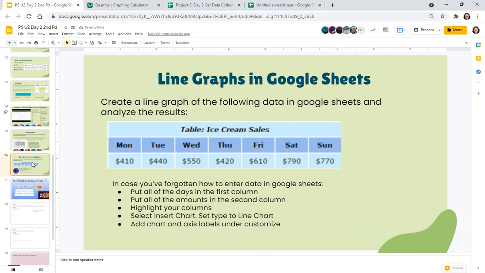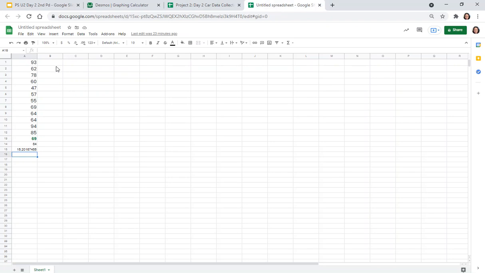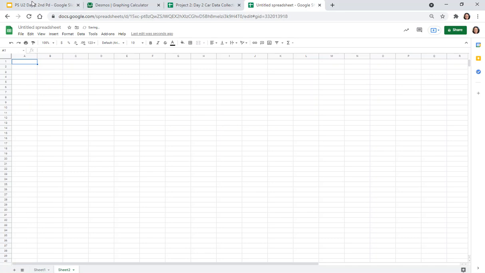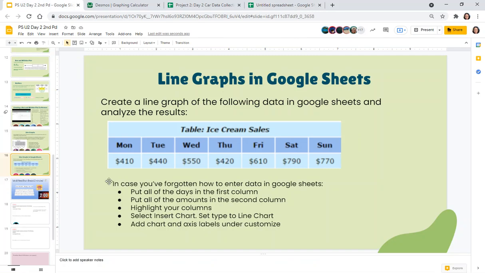All right, and we want to do this in Google Sheets, because we haven't made a line graph in Google Sheets yet. You can go to the same spreadsheet that we were calculating on before and just click the plus to get a new sheet on it. What we're going to do is put the ice cream sales into it.